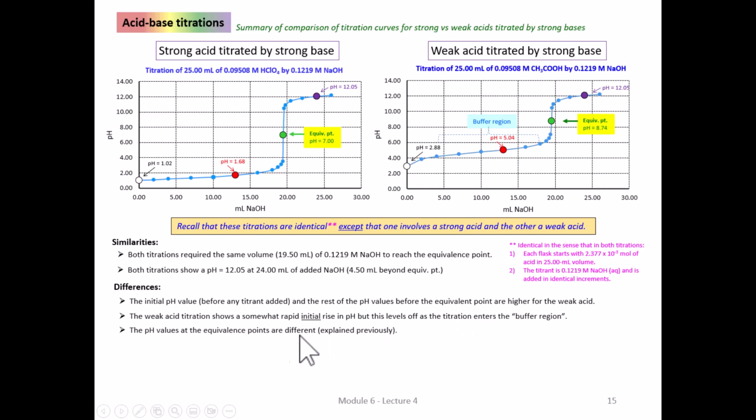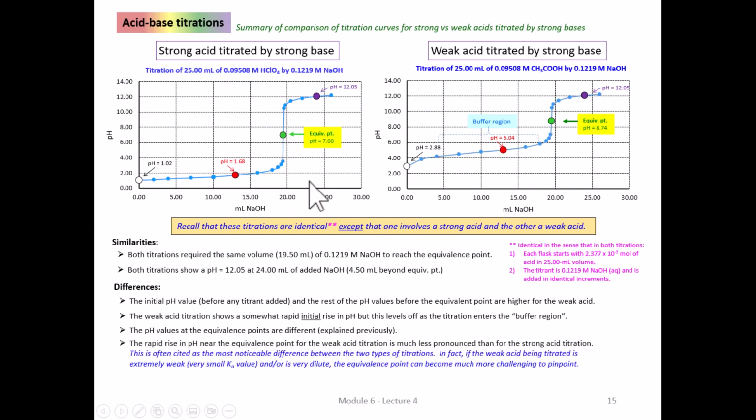The pH values at the equivalence points are different, so the equivalence point volumes are the same, but the equivalence point pHs certainly are not. The other major difference, and the one that's usually cited as the most noticeable, is that for a strong acid, strong base titration, the rise in pH near the equivalence point is much steeper than with the titration of a weak acid by a strong base.